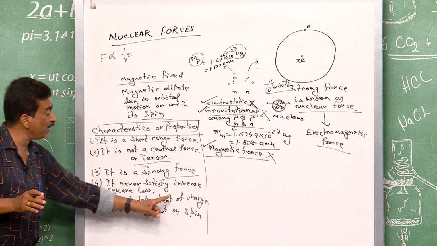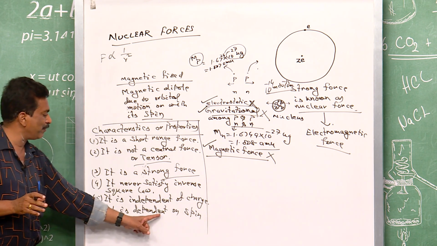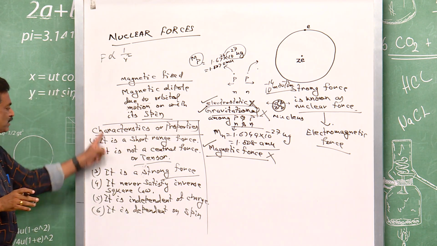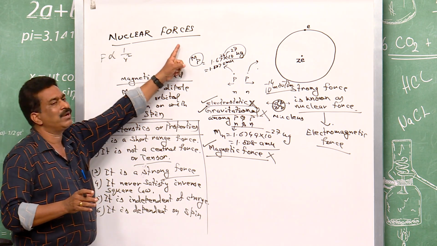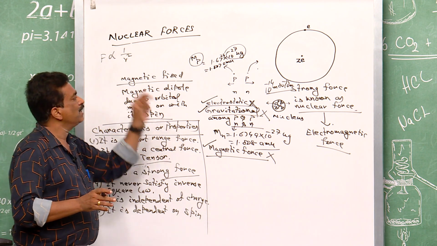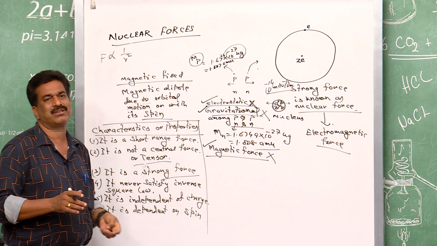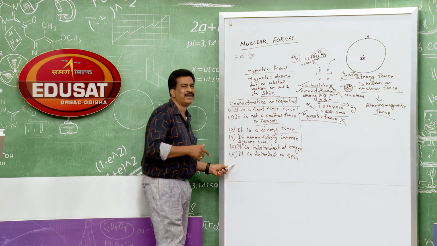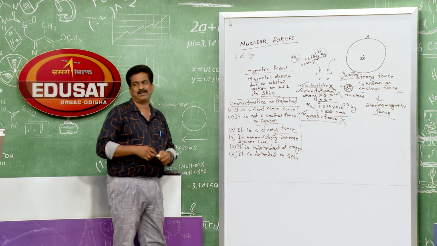So it is independent of charge, and it depends upon the spin. So these are the characteristics of the nuclear force. Inside the nucleus, the force which exists is the nuclear force, and we have written at least six characteristics.